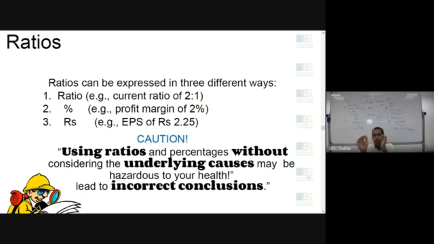Even though the turnover dropped, their profitability has grown. Without knowing this background story, if you just say turnover has dropped, immediately we'll jump to the conclusion that the company is facing difficulties, market issues. So in order to avoid that, you need to know the story behind any ratio.